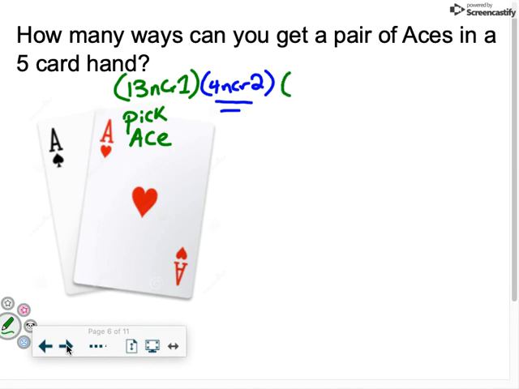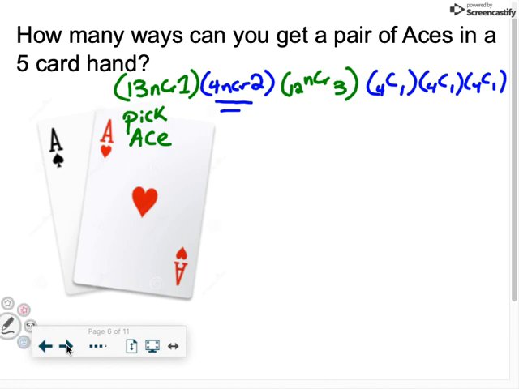Well, right now I don't want any aces, so there's going to be 12 choices nCr, and I need 3 other cards in my hand, right? Because we always have a 5-card hand. So 12 nCr 3, and now the final part is of those cards, I don't want any of them to be pairs. So each of them are 4 nCr 1, because I have 4 of some card and I only want 1 of them. So a long process.